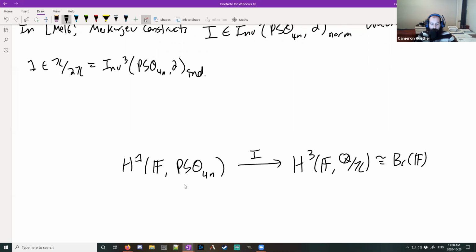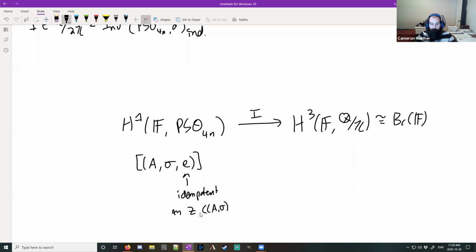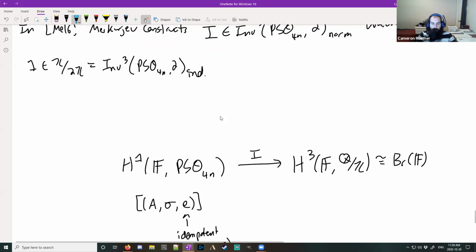And as Merkurjev notes, this cohomology set is isomorphism classes of a central simple algebra A with an orthogonal involution and an idempotent element in the center of the Clifford algebra. And this PSO has maps in from the special orthogonal group and maps in from HSpin.